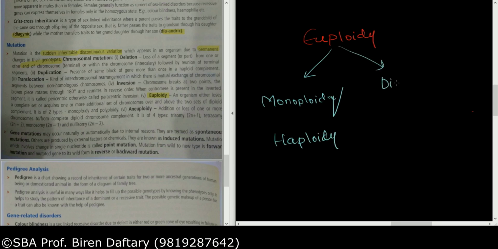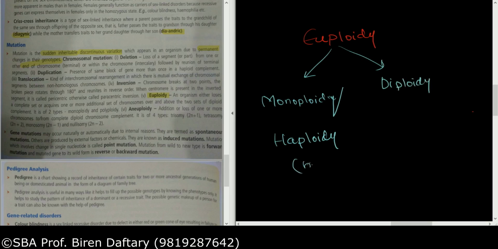euploidy is further divided into monoploidy, or it is also called haploidy, single copy of chromosomes. Then there is diploidy, 2 copies of chromosomes.